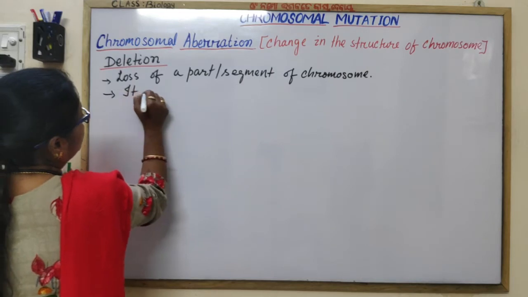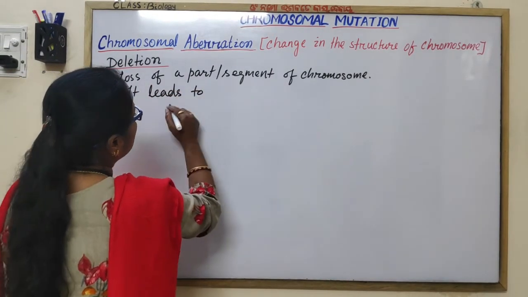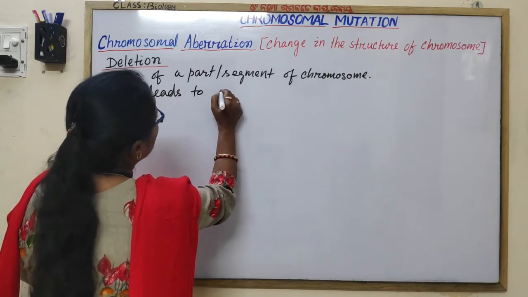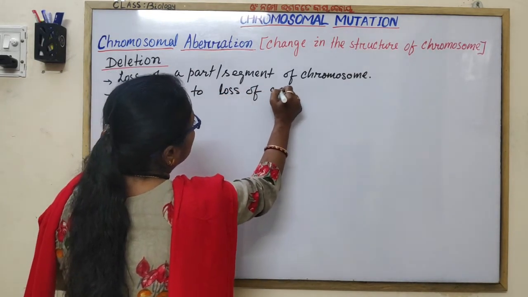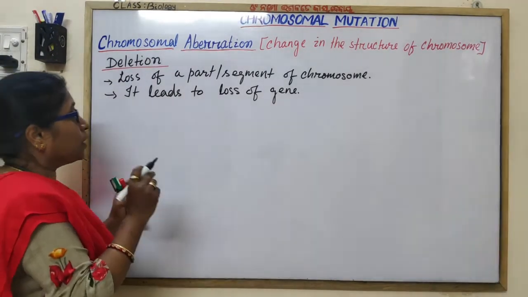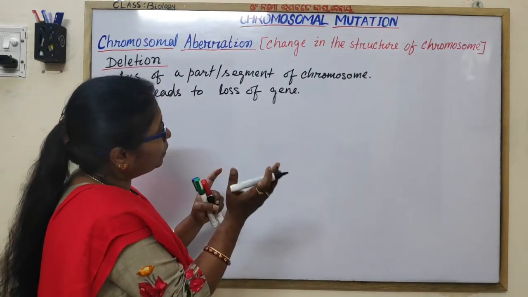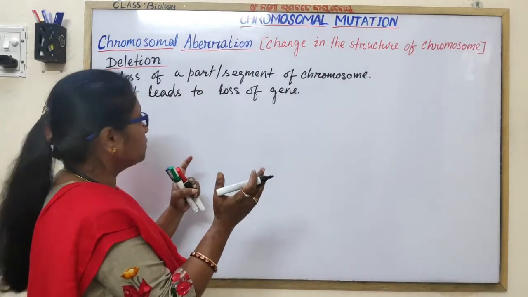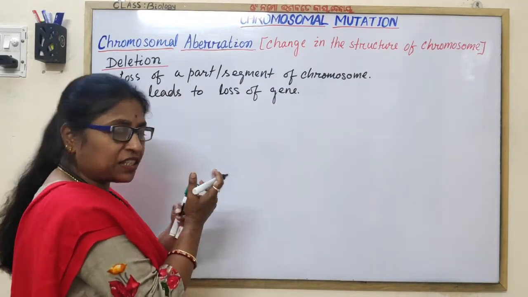It leads to loss of gene. Okay, this is called deletion. The loss of part of segment of the chromosome which leads to the loss of gene is called deletion.